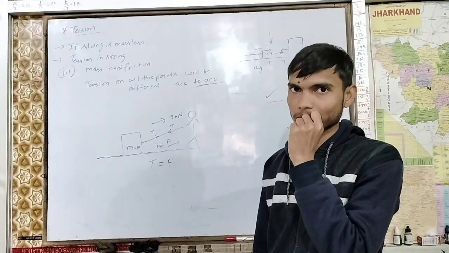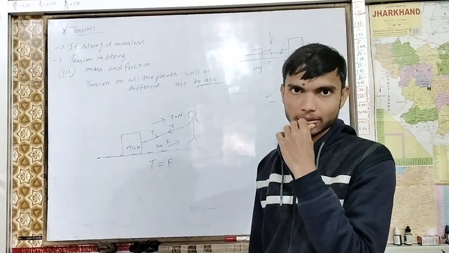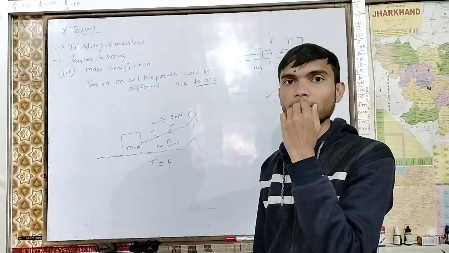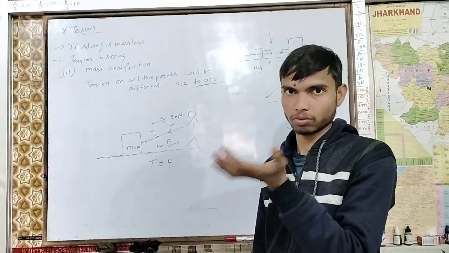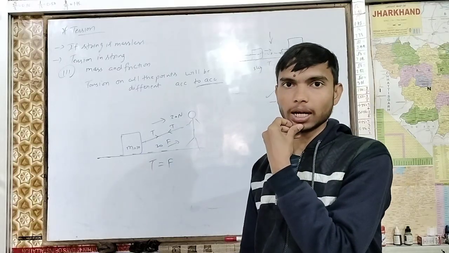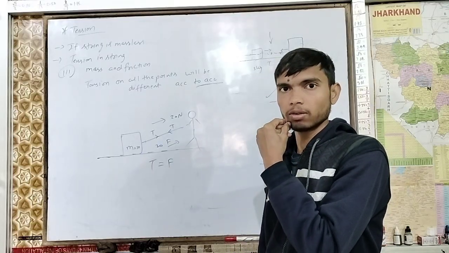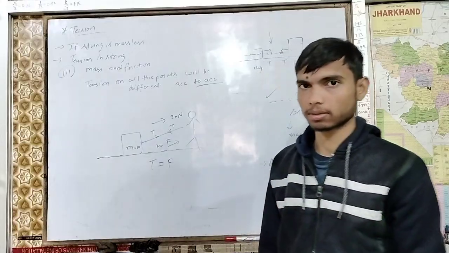Not at all. He just used a string, nothing else. So whatever force this person will be applying, pulling with some Newton, will also be considered as a tension force.